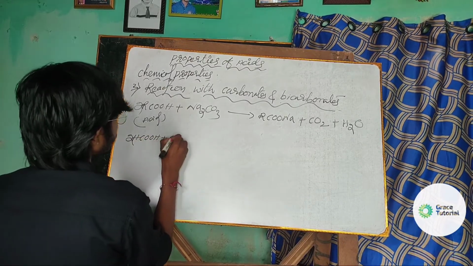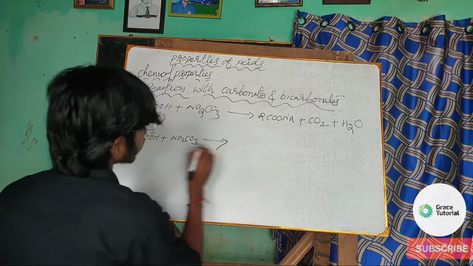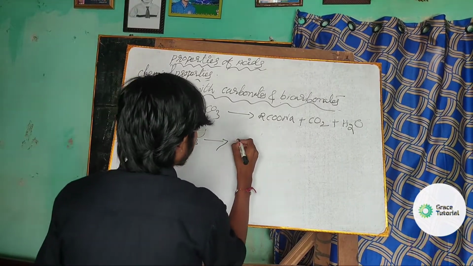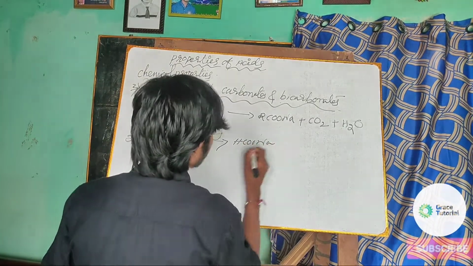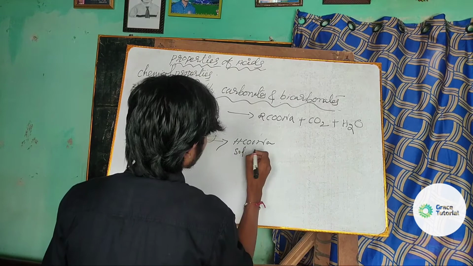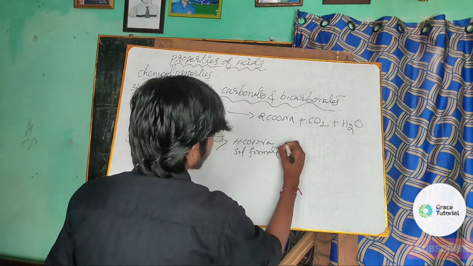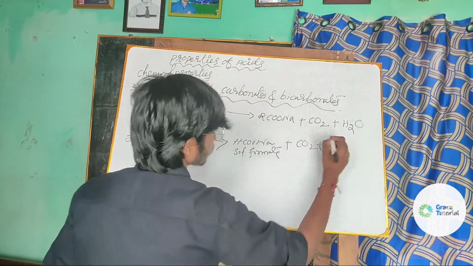When formic acid reacts with sodium carbonate, we get HCOONa, sodium formate, plus carbon dioxide plus water molecule.